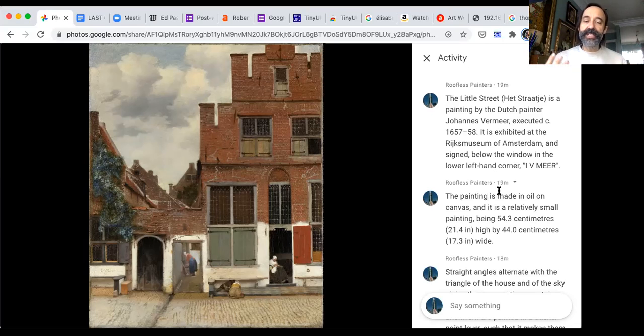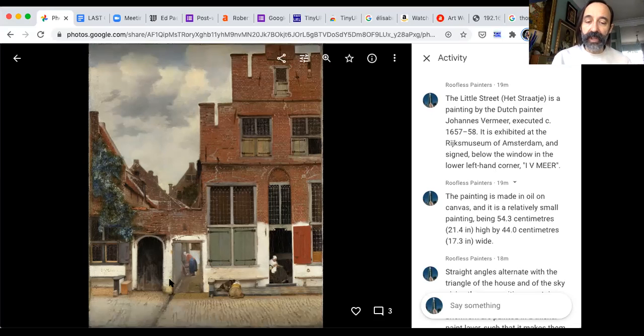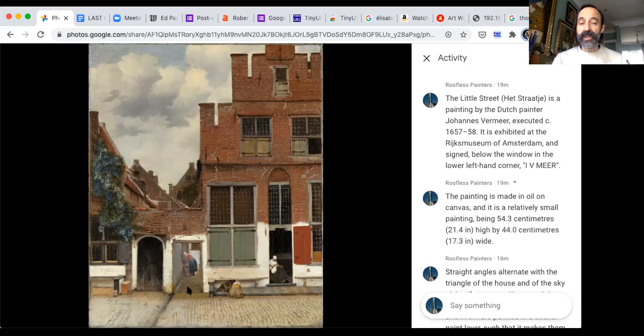This is a beautiful example of a very modern composition, done without many diagonals, except for the lady in the window right here that shows us depth. But pretty much everything is done from across the street, and you see a lot of verticals.